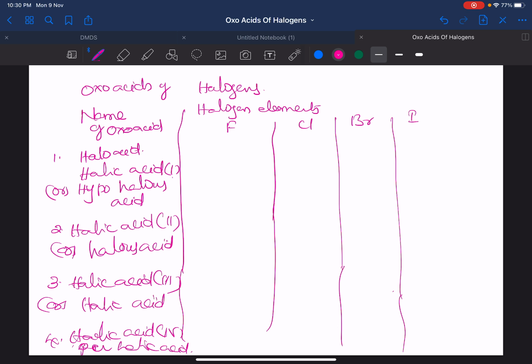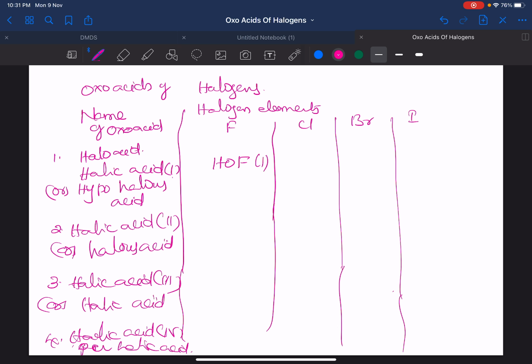First one is the halo acid. Among the halogen elements, fluorine gives only hypofluorous acid, HOF. It is the only oxo acid of fluorine, and in it the oxidation number of fluorine is +1.